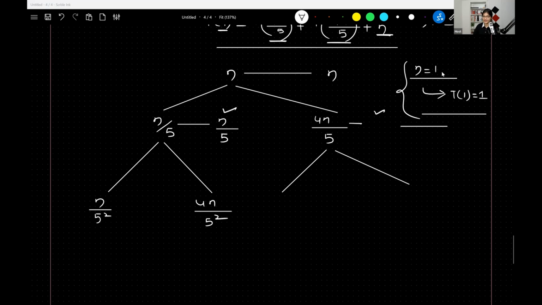That's what I have written. If the value of n is 1, the answer will be 1. It's a constant task.